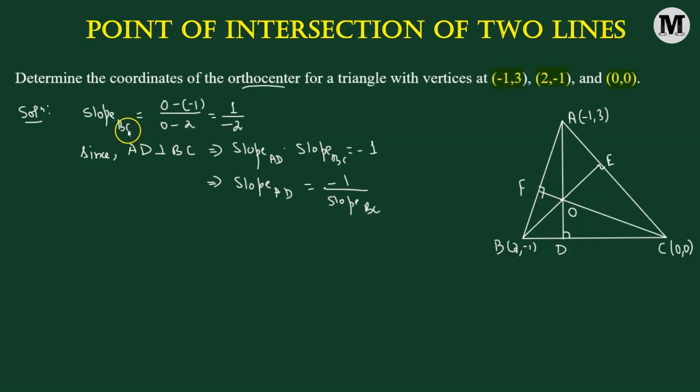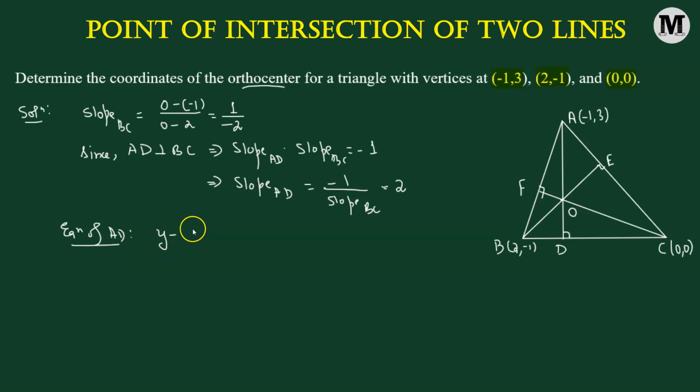We have already obtained the slope of BC, that's -1/2. So that means the slope of AD comes out to be +2. So now we have the slope of the altitude AD. We are ready to find out the equation of AD.